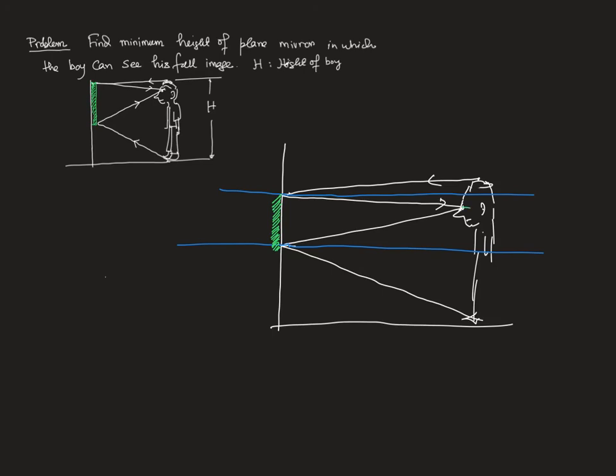Now there, if you extend it slightly, you see there are similar triangles and congruent triangles. Say this triangle and this triangle are congruent, and then this triangle and this triangle are congruent.